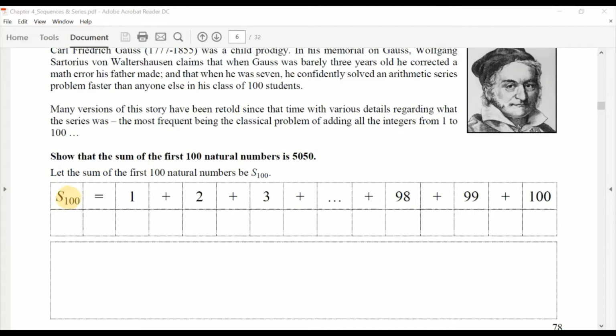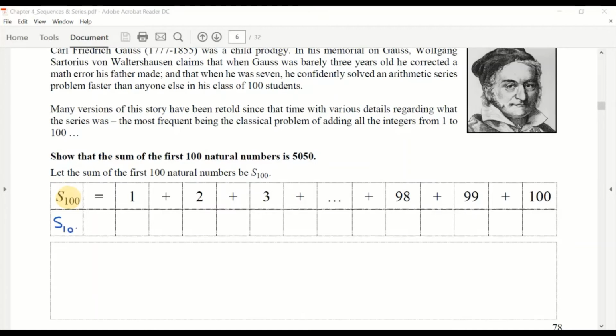So how did he do it? Well, what we can do, and this is the trick, this is the essence of the problem, is that we're not bound to write the sum out in any particular way. We can write these numbers in any order we like. And one way we could do it is to write it backwards.